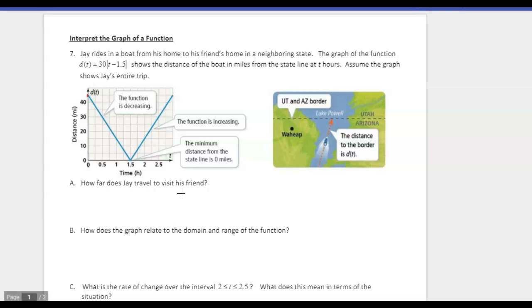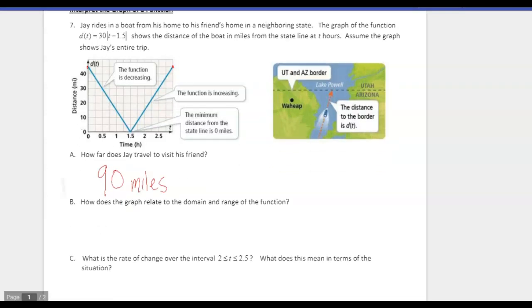And then, coincidentally on this one, his distance increases away from the border, and then he stops at his friend's house over here, also 45 miles away. So how far did he travel? He traveled 45 miles there, 45 miles there, so he traveled a distance of 90 miles.